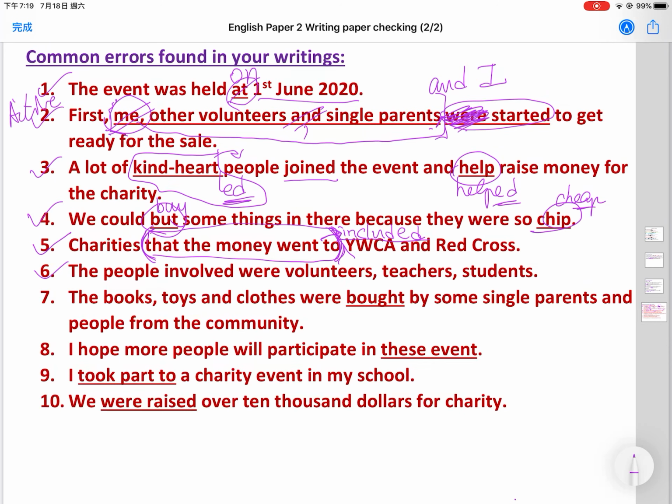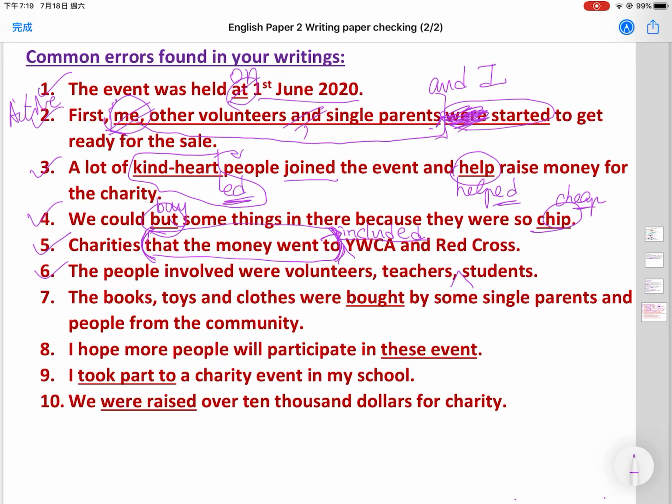Okay, now for number 6, the people involved were volunteers, teachers, students. Very clear, very neat, but just one minor thing.